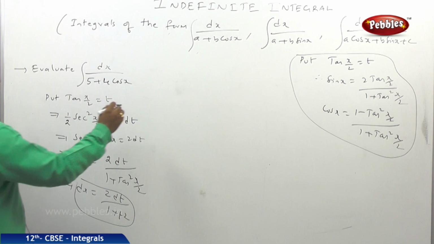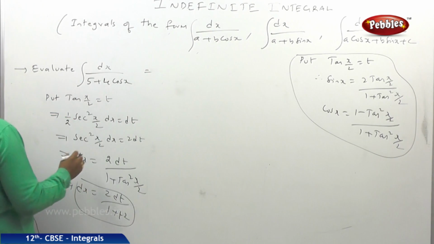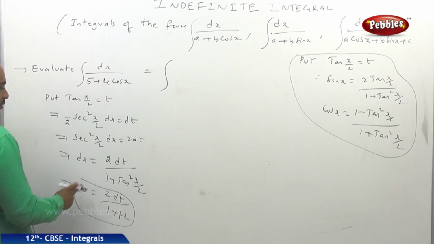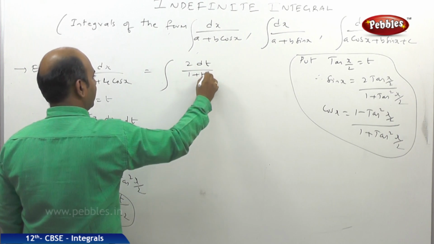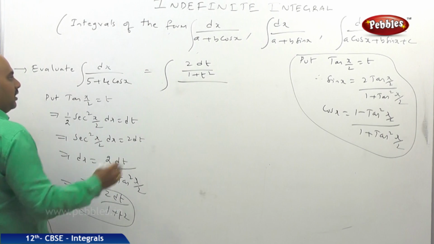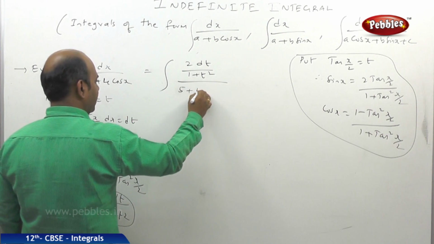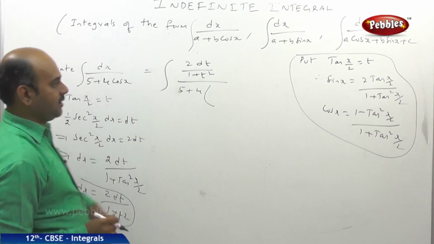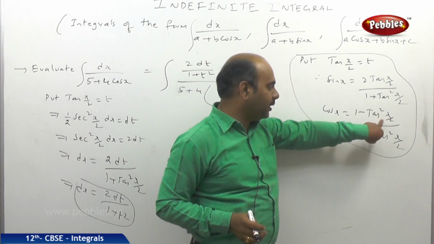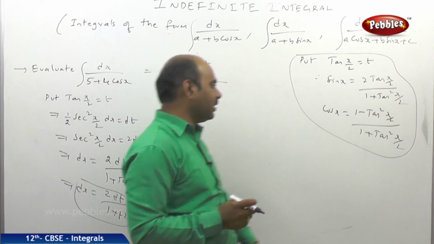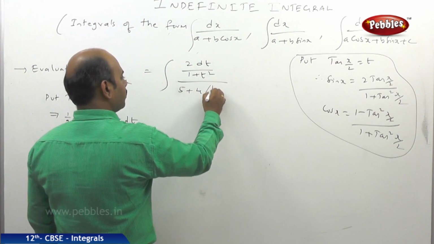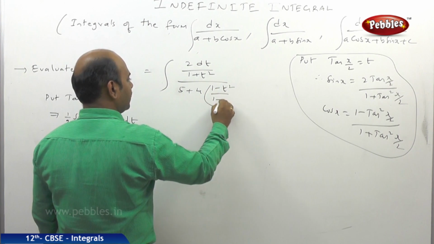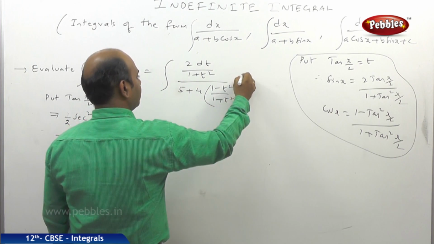So therefore our problem will turn out to be: in place of dx, I will write 2 dt by 1 plus t square, whole divided by 5 plus 4 into cos x. Cos x, I said, we can write as 1 minus tan square x by 2 by 1 plus tan square x by 2, but tan x by 2 is nothing but t. So this can be written as 1 minus t square by 1 plus t square.